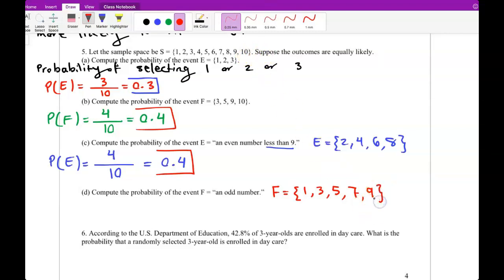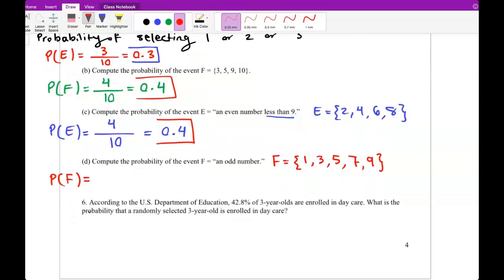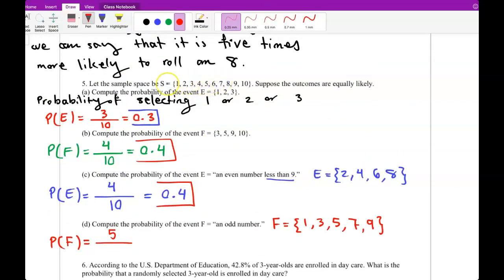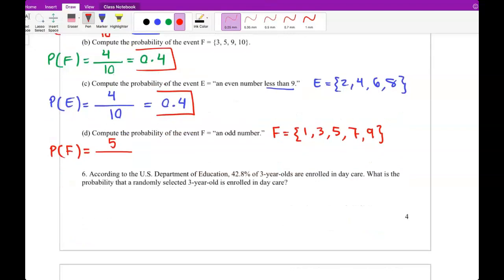Now, the probability of this event. When we say event, that doesn't mean we always should use E. In this case, our event is shown with F. So that is equal to how many numbers we have inside, 5, divided by how many numbers we have in our sample space, 10. So it's 0.5.